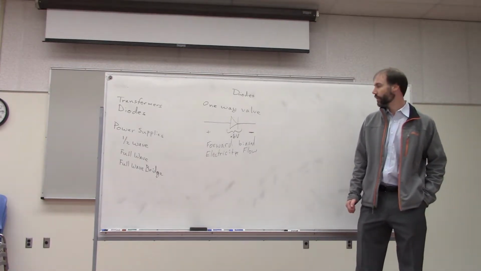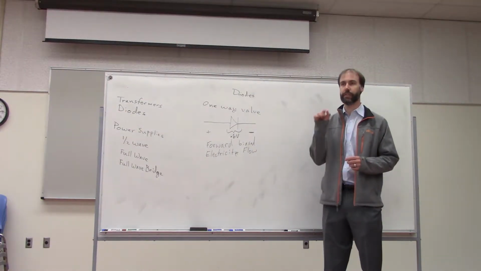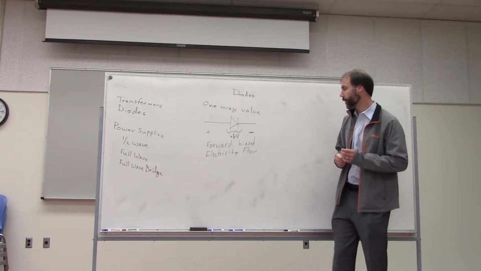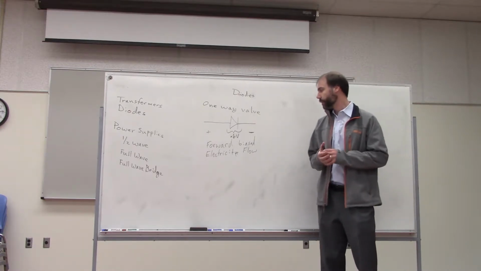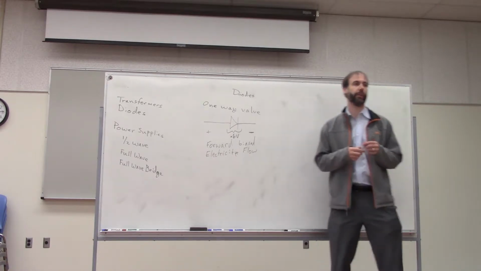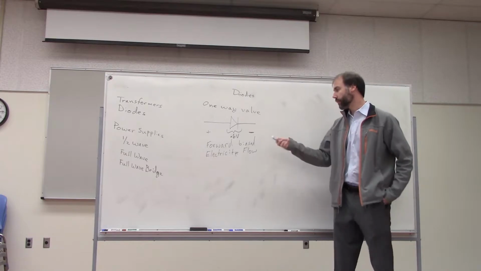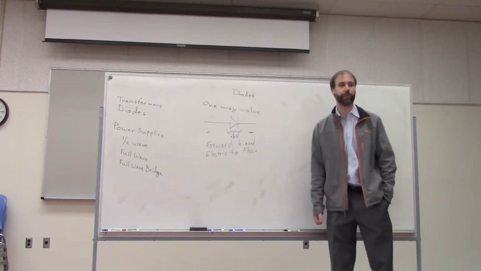Okay? And does that voltage change very much depending on how much current is flowing through? Just a little bit, but not very much, right? Not nearly as much as it would change if it was going through a resistor, right? So it stays approximately constant, regardless of how much current is flowing. Okay?